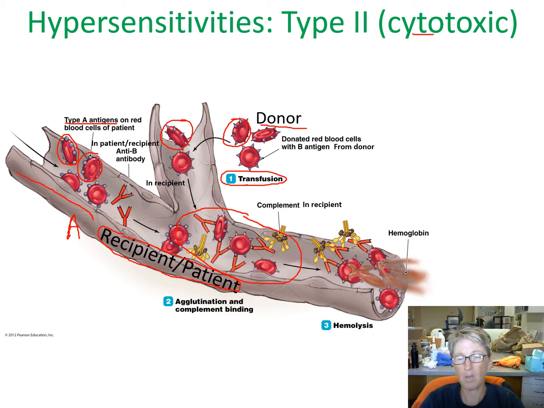We're not going to talk about that in this transfusion reaction. Okay, now this is tricky. If you have type A blood, you have type A antigens on your red blood cells, but you have B antibodies in your blood. That is so tricky, but that's the way Mother Nature did it.